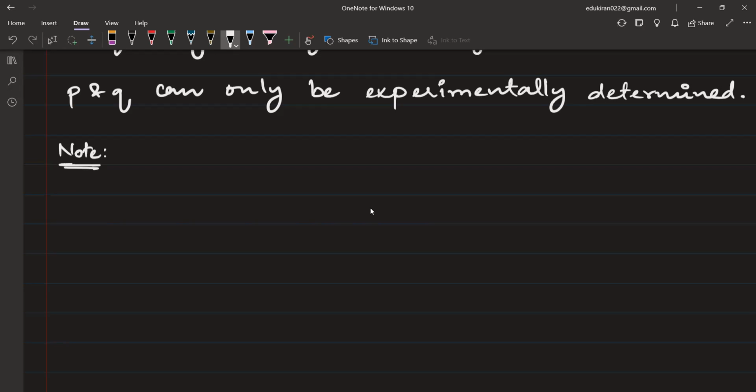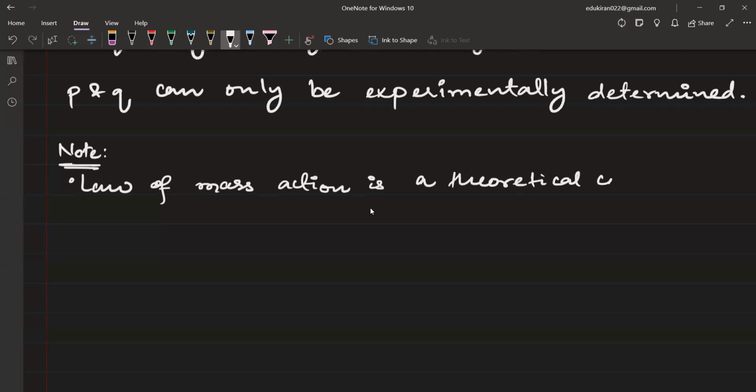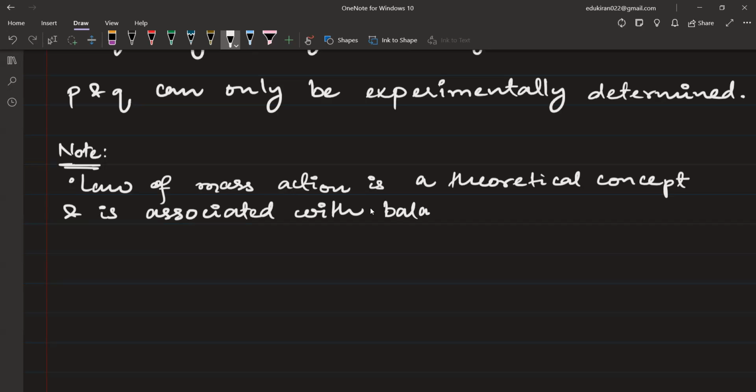First of all, write: law of mass action is a theoretical concept and is associated with a balanced chemical equation.